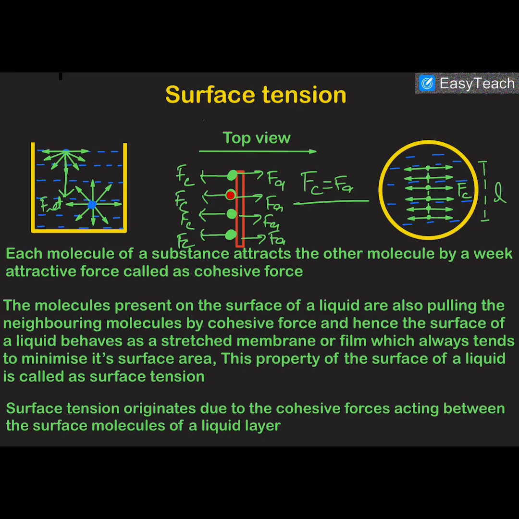paste Fevicol on a wooden board, then we can see that, let us draw two wooden boards. This is one and this is one, and we have pasted some Fevicol between them. What is happening between them on a microscopic level is that the Fevicol molecules are attracted by the wood molecules by adhesive forces, and the molecule which is just attached to the wood surface is attracted by its neighboring molecule by cohesive forces.